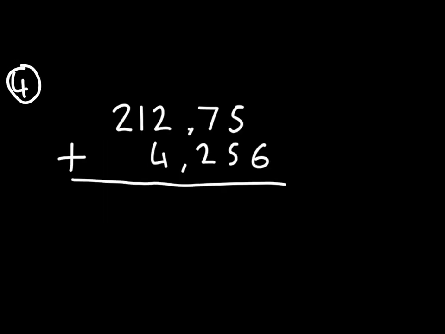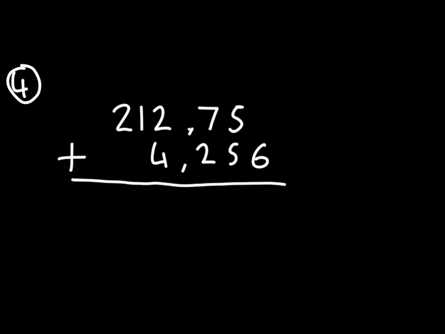For question number 4, we are asked to add 212.75 to 4.256. Remember what I said in the previous example? When you are adding or subtracting these numbers which have decimal places, we need to make sure that these decimal points are in line with each other. Only then can we carry on.